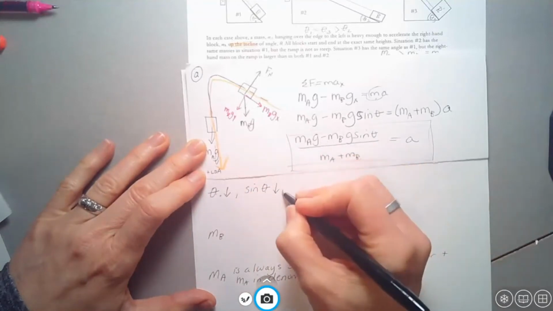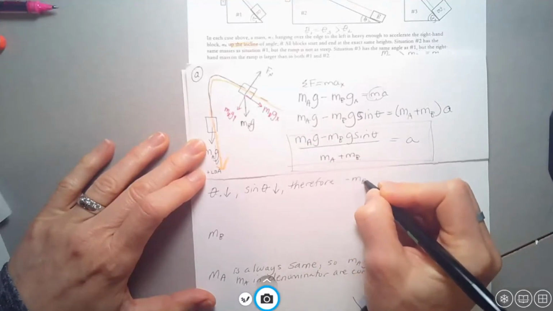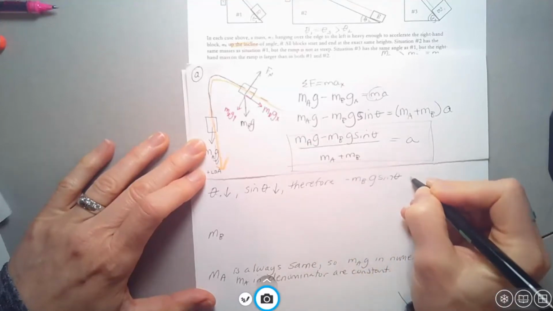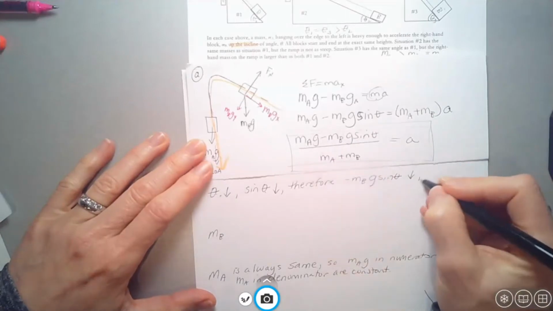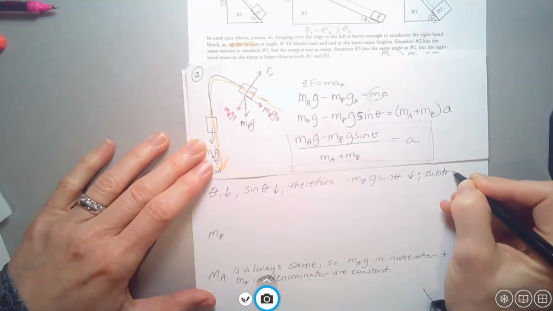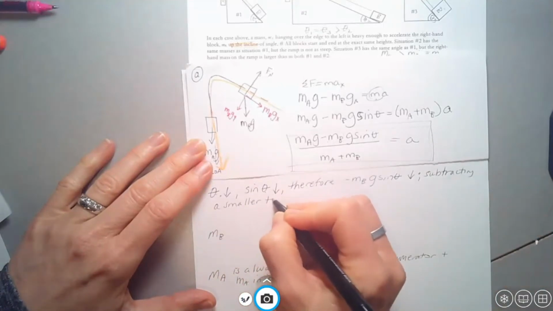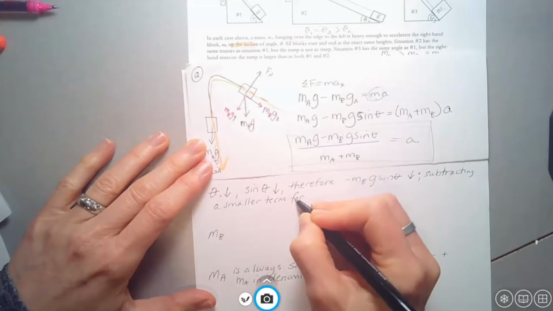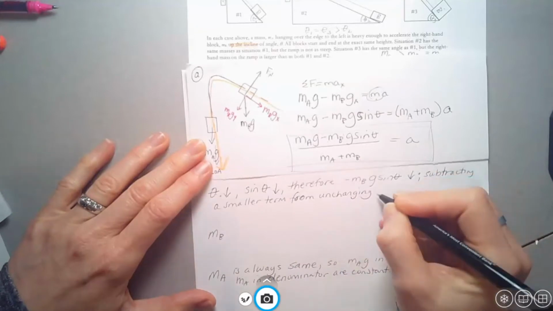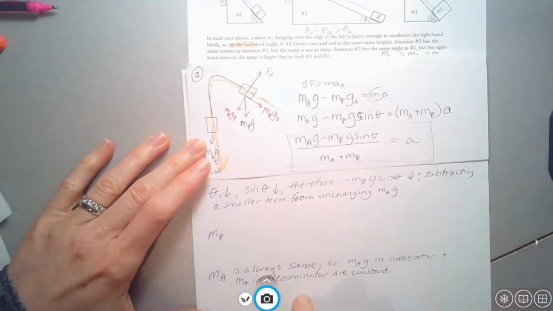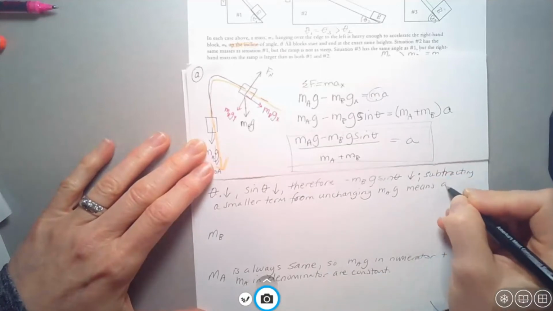Therefore, this term, negative MBG sine theta, goes down. That means you're subtracting a smaller value from the unchanging MAG, we already did that, means acceleration will go down.